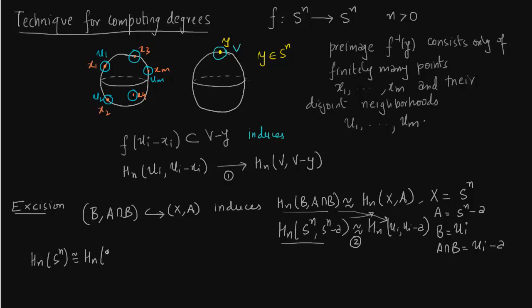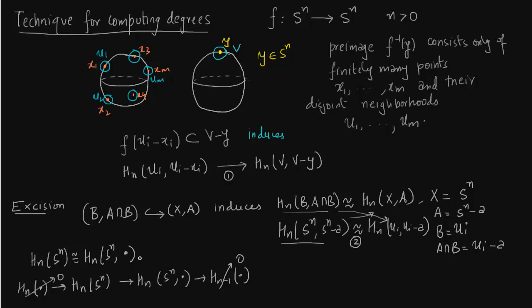So now I want to talk about this thing. Hn Sn is isomorphic to Hn Sn comma a point. This is clear from the long exact sequence of the pair Sn comma a point. As you can see here, I am just writing the long exact sequence associated with the pair. So the point will give you 0, and therefore you have an isomorphism.